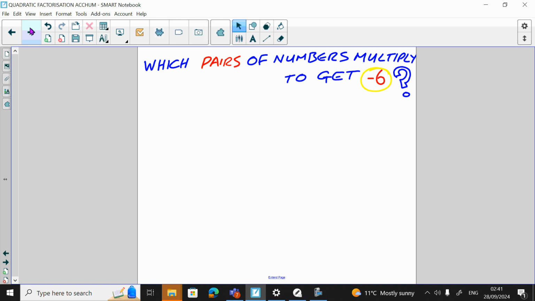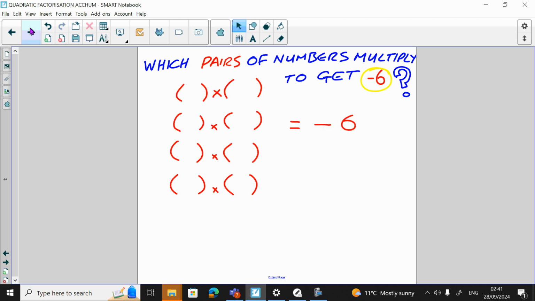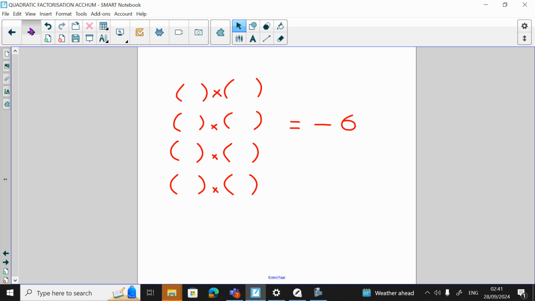Now, it doesn't matter if it's negative 6. Our target is a negative here. Which pairs will get us a negative? And again, I'm just going for 4 pairs here. To read them all out: positive 2, negative 3; negative 2, positive 3; positive 6, negative 1; negative 6, positive 1.